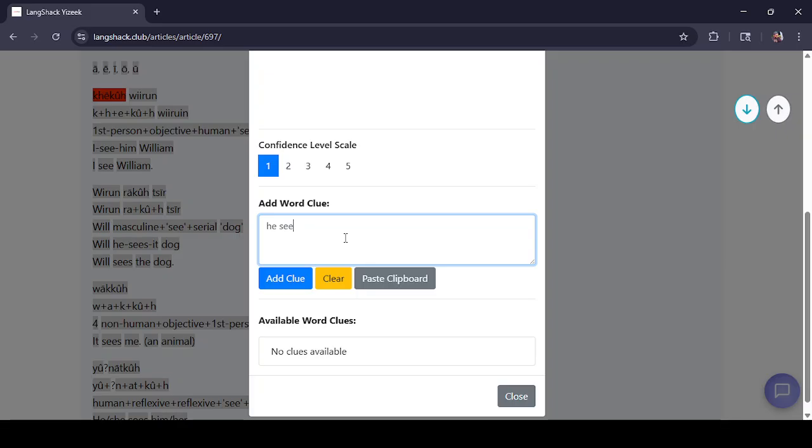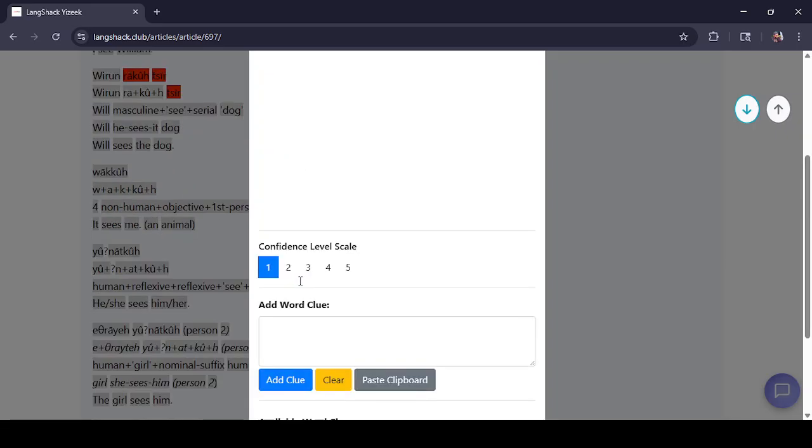All right, and this is it. Inanimate entity sees me. Okay, and then in this example, he, she sees him or her.